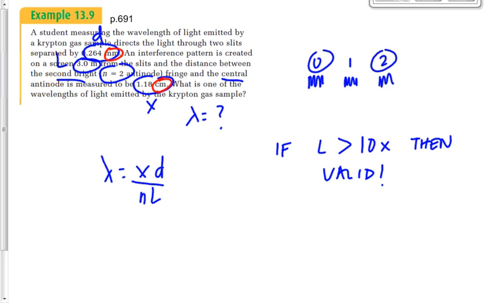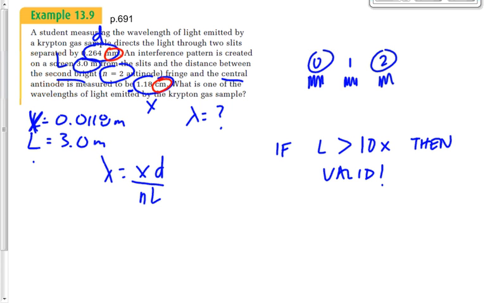What's X? 0.01 meters. Is L more than 10 times X? Way more than 10 times X. Is it valid? Yes. X was 0.0118, right? Sorry, that was X. L was 3. Okay, it's way bigger than 10.